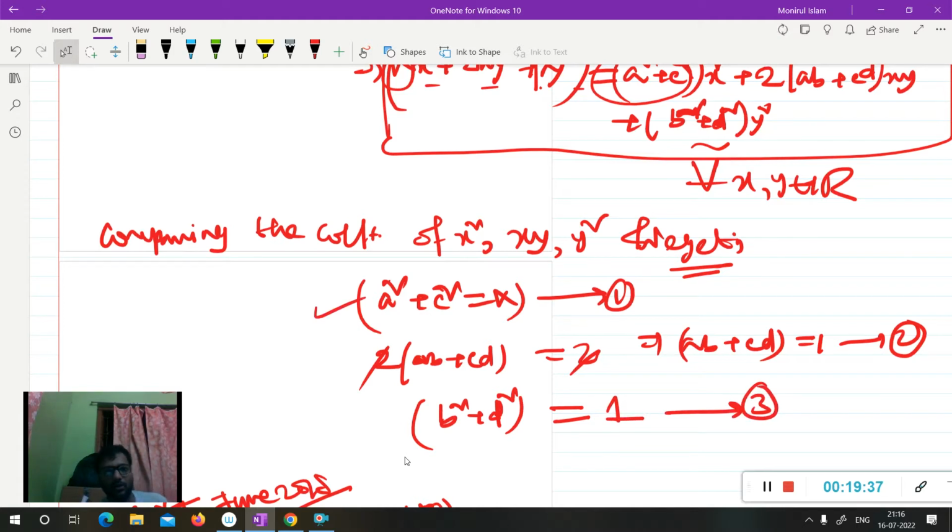See, there are 3 equations, the first equation, the second equation, and the third equation, and 4 unknowns a, b, c, d.